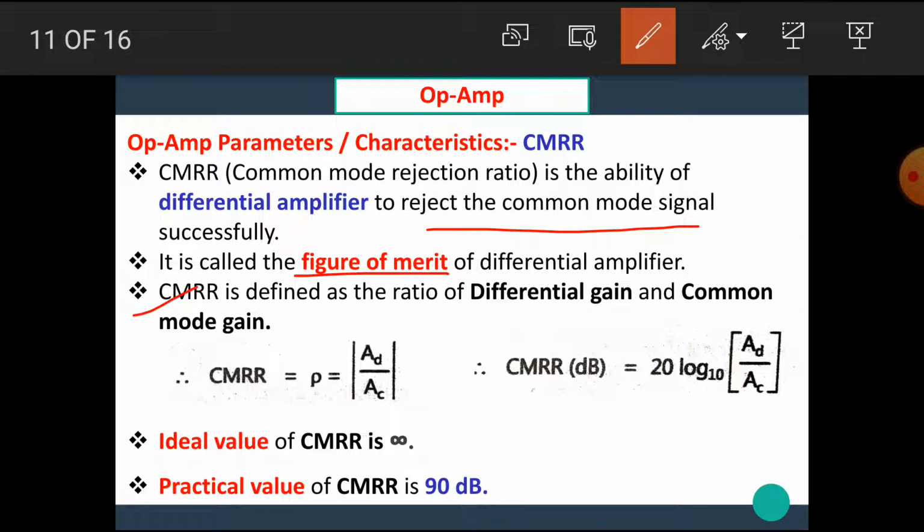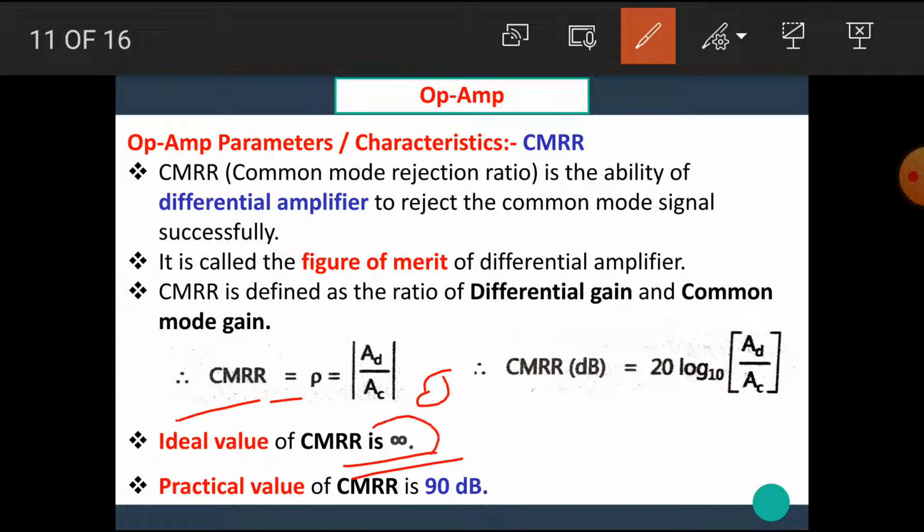CMRR is also defined as the ratio of differential gain versus the common mode gain. That is, CMRR rho is equal to AD upon AC, where AD is the differential gain and AC is the common mode gain. The value of CMRR tends to infinity because AC has the value 0. Due to AC equal to 0, the value of CMRR is always infinity ideally.